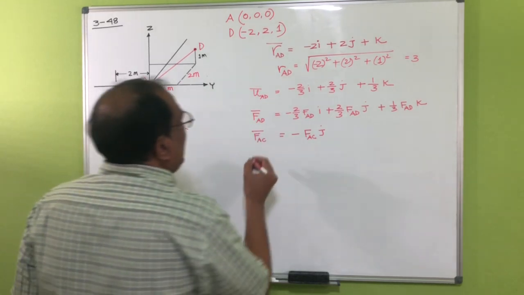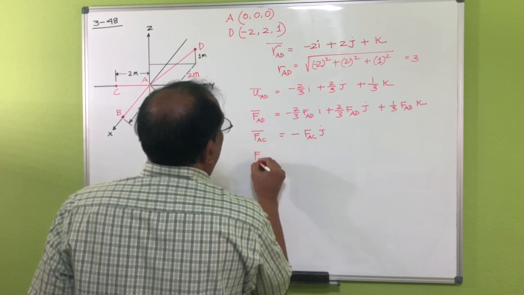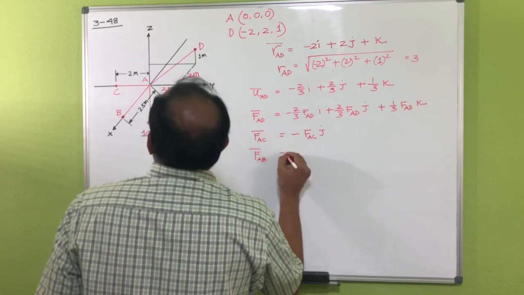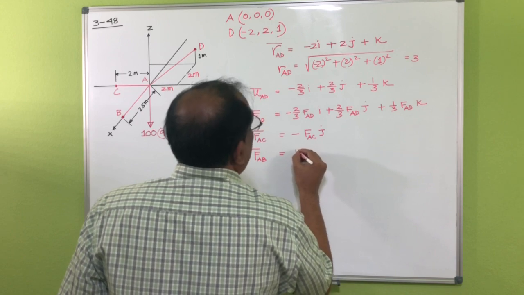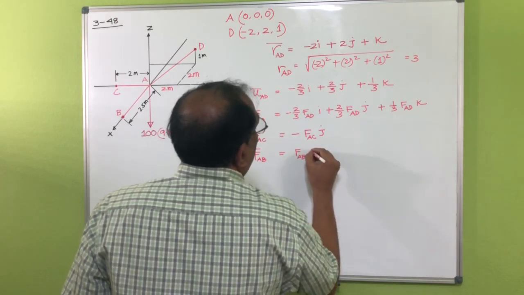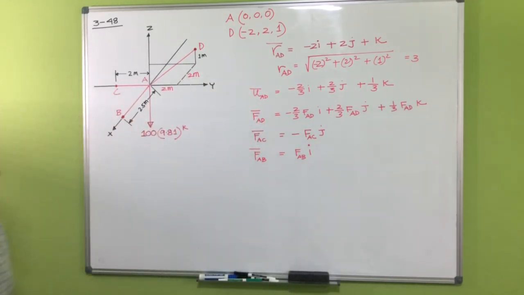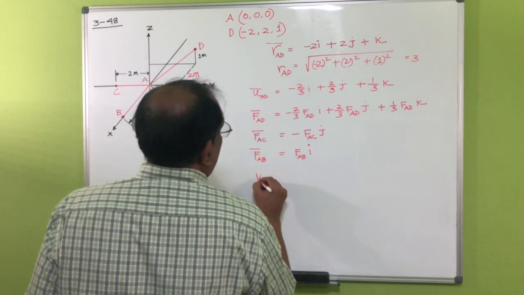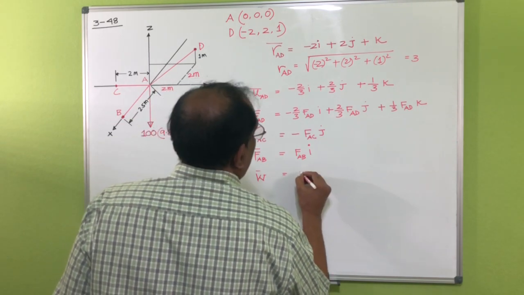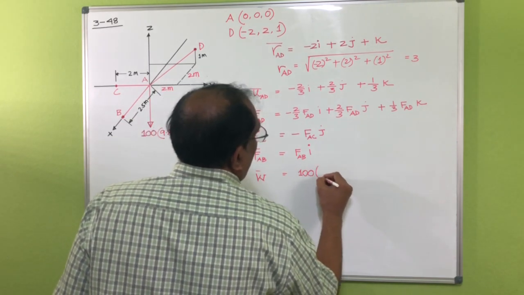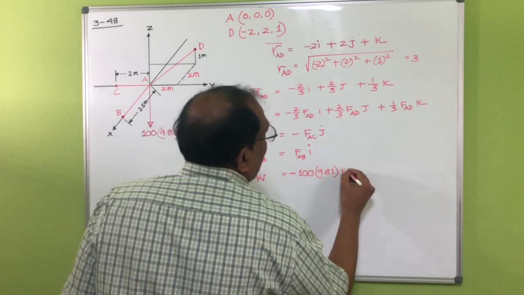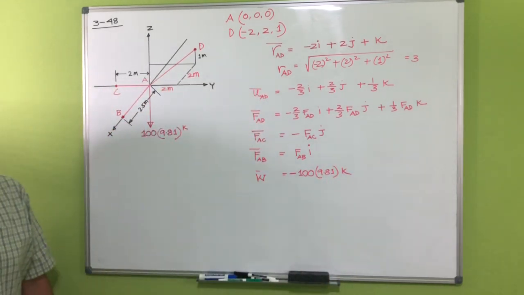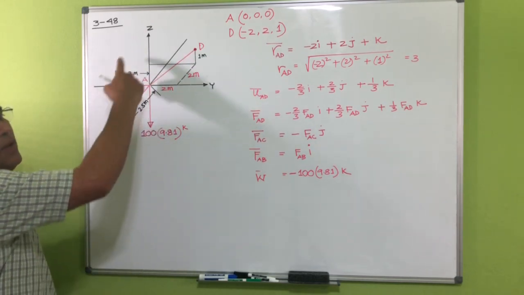Similarly, if I want to write FAB, then that would be actually FAB I. And then if I want to write the weight, that's basically 100 into 9.81, in the negative K direction.